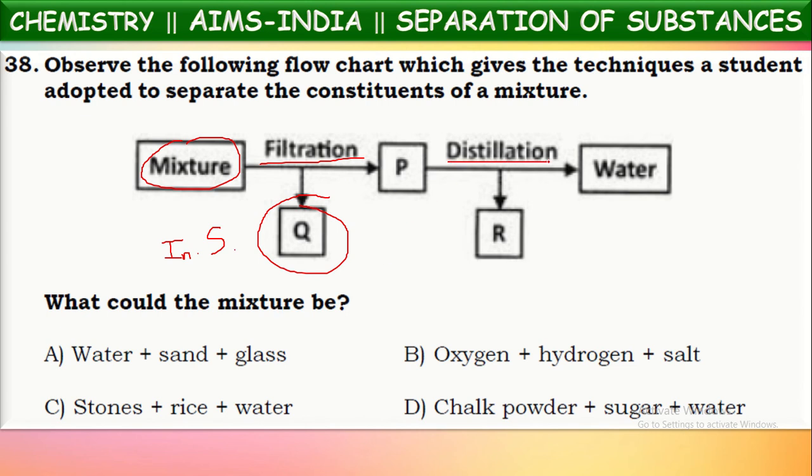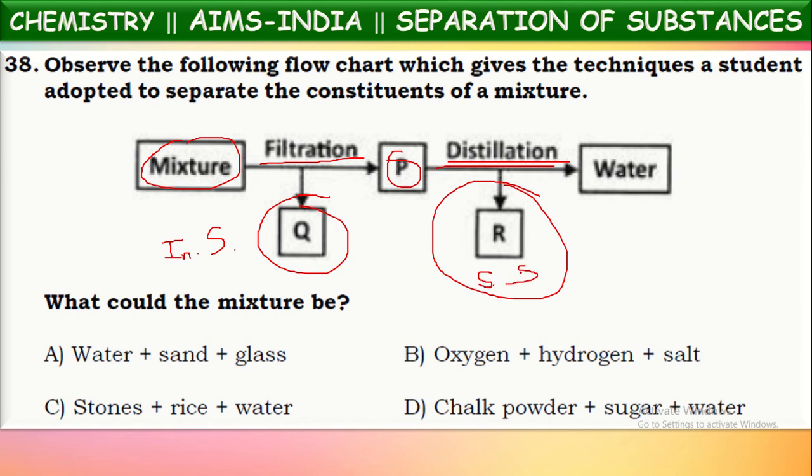Now the remaining substance P undergoes the distillation process. So the remaining mixture of two substances undergoes distillation. By the distillation process, R is separated. That means R should be a soluble solid substance.